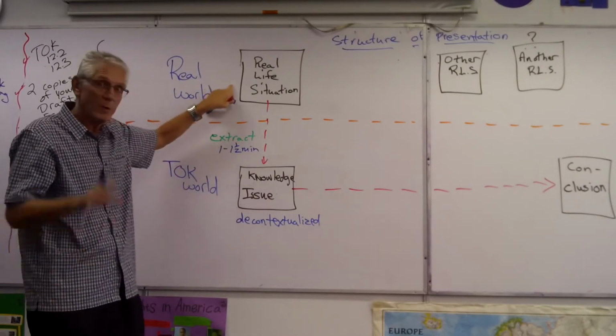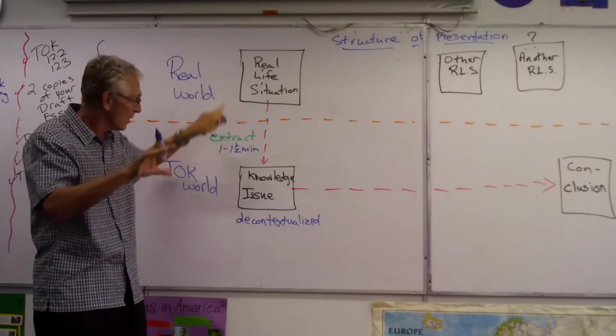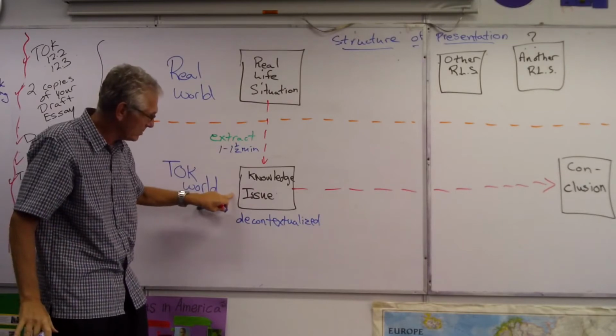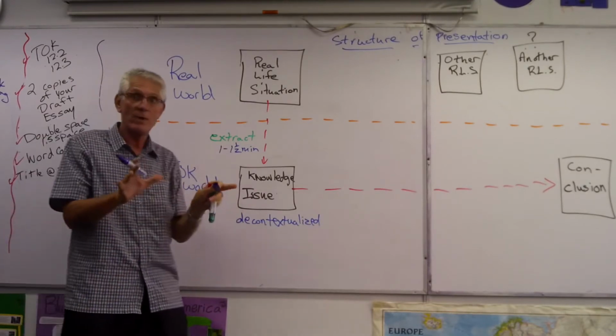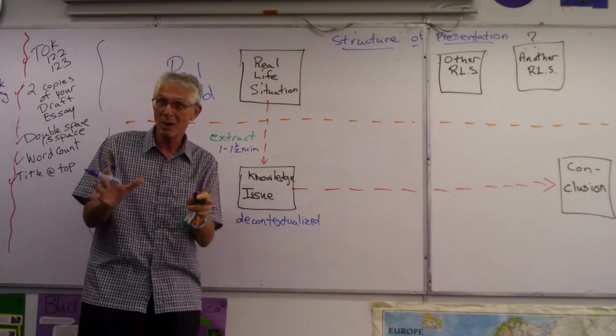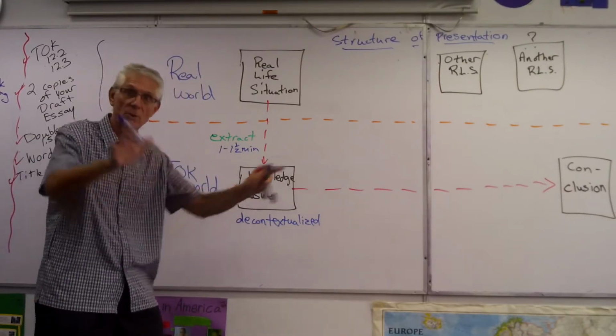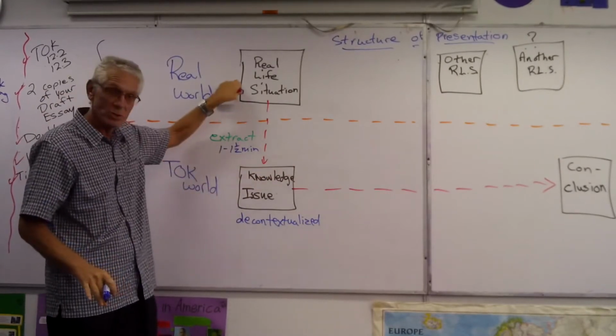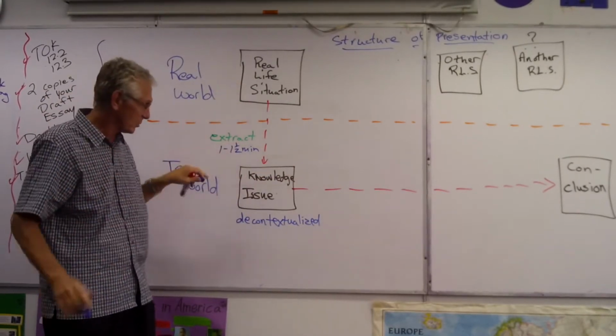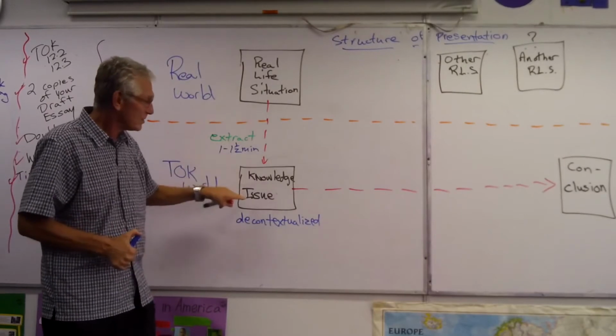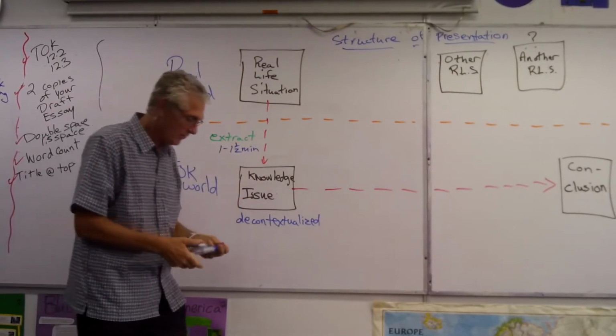So I started with a survey in Singapore, and I've now taken it to how valuable is evidence, and how reliable is evidence in human sciences. So it becomes applicable to all human sciences, not just this, decontextualized. That's the first minute and a half, roughly.